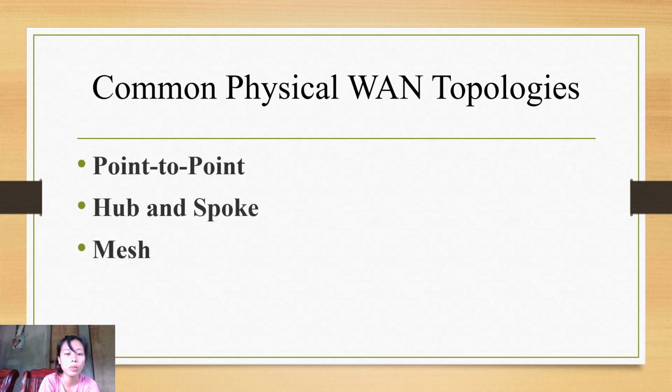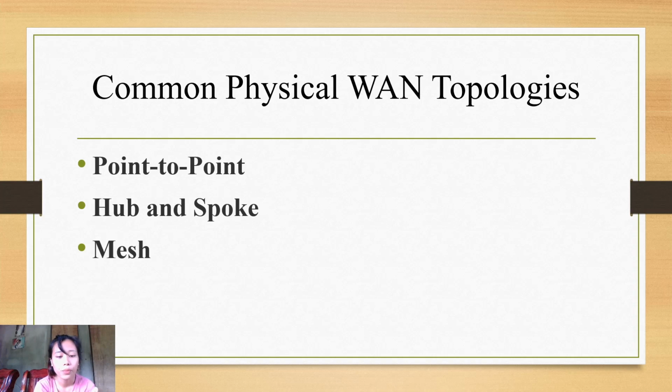So we have the common physical WAN topologies, which are point-to-point, hub and spoke, and mesh. Point-to-point is the simplest topology that consists of a permanent link between two endpoints. For this reason, it is a very popular WAN topology.